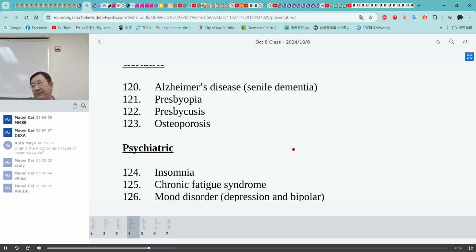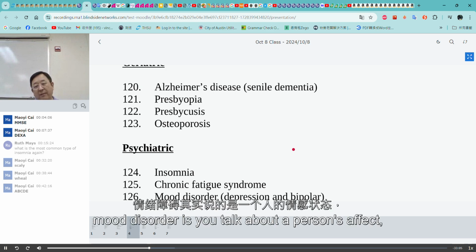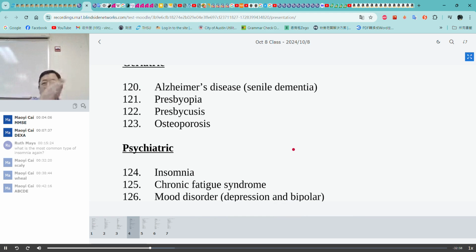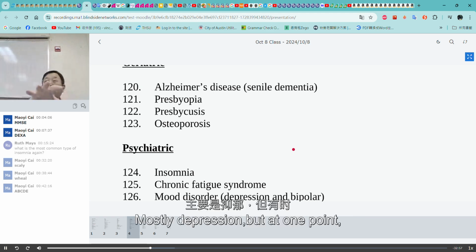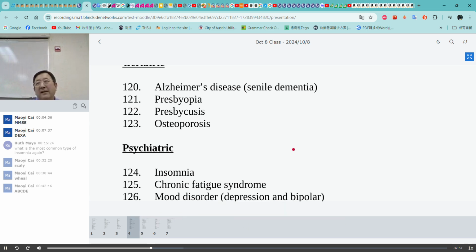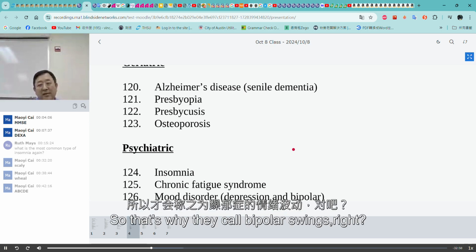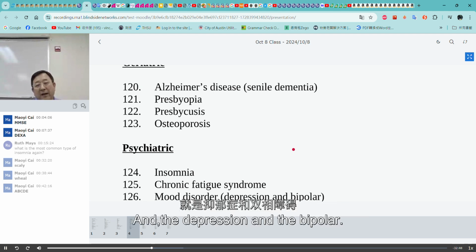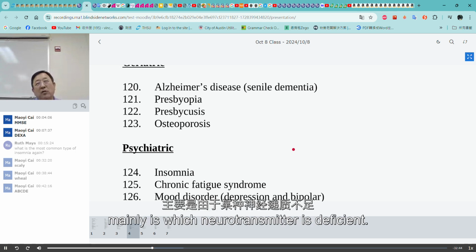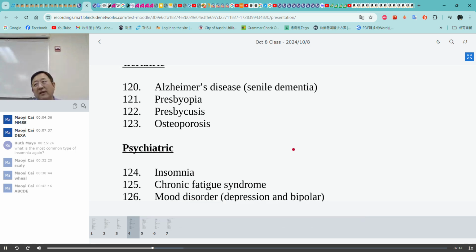Mood disorder. Well, mood disorder is you talk about a person's affect, right? Depression, or sometimes bipolar. Bipolar is mostly depression, but at one point it can actually have a manic attack. So that's why they call it bipolar. It swings, right? And the depression and the bipolar. You probably have to know depression mainly is which neurotransmitter is deficient.